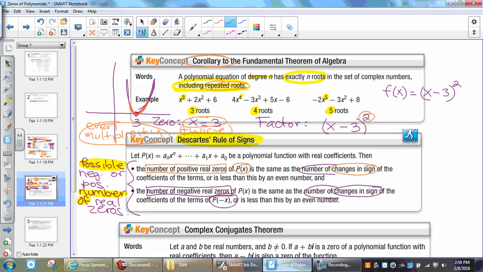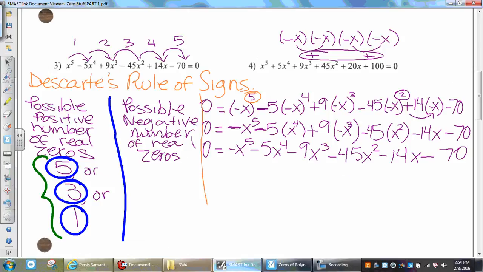But the rule states that you count the number of sign changes, and then the number of positive real zeros is that number or less than it by an even number. So that's why I told you guys we're going to keep subtracting 2. Okay? So 5 minus 2 was 3, and then 3 minus 2 is 1.